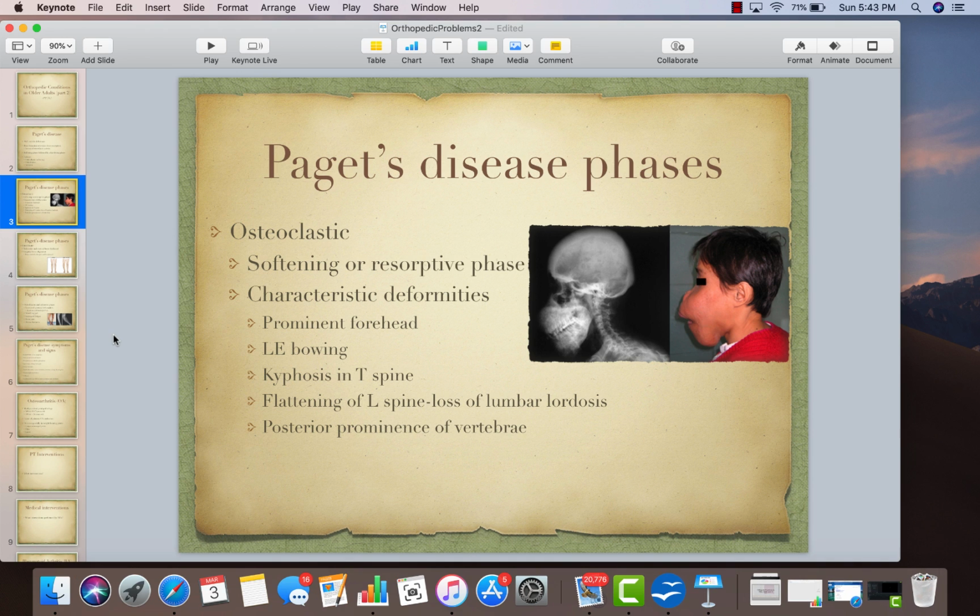So this individual is pretty advanced in that. Lower extremity bowing, kyphosis in the T-spine, and flattening of the L-spine, loss of the lumbar lordosis, and sometimes that posterior prominence of the vertebra. But in the very early stages of this, it may be somewhat asymptomatic.